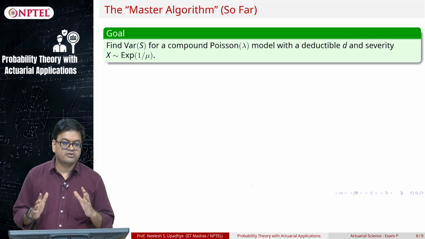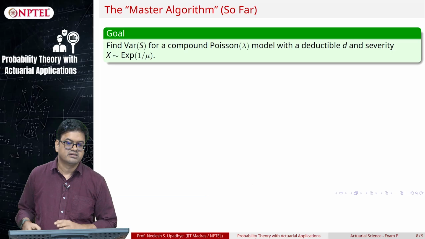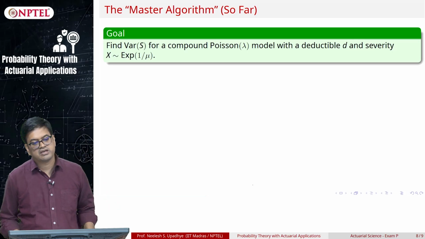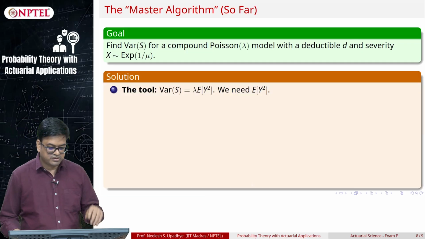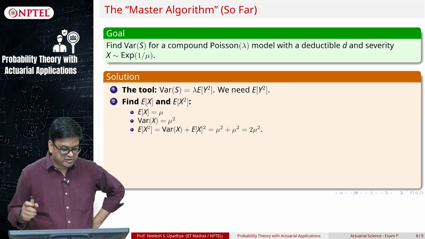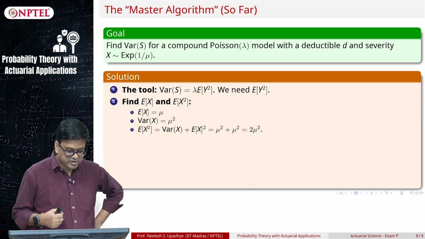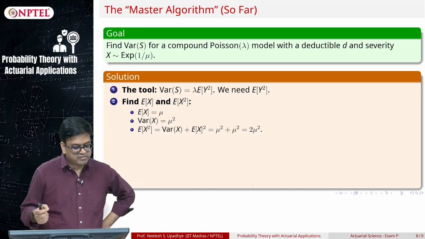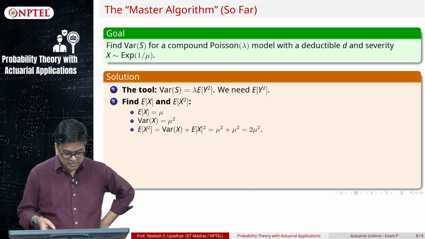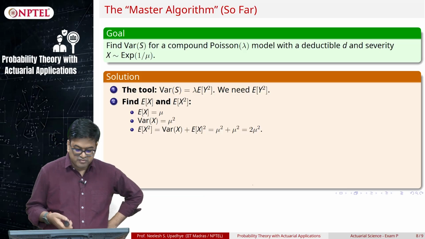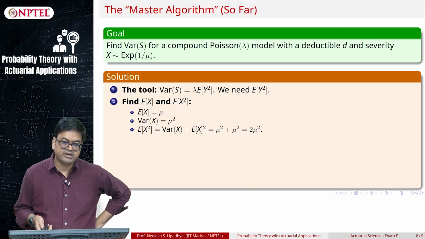Very simple. I know the variance of S is lambda times the expected value of y squared, so I simply need to calculate the expected value of y squared. Since x follows exponential, I know the expected value of x is mu and the variance of x is mu squared. So, the expected value of x squared will be 2 mu squared, nothing great.